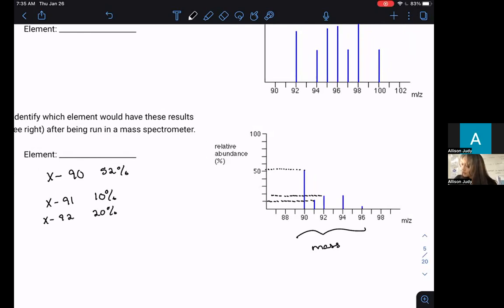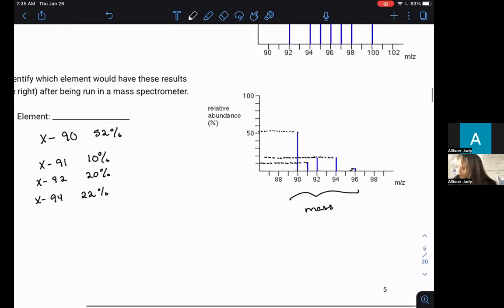And then, of course, finally, oh, actually not finally, you have a 94, a little bit higher. I would say maybe 22%. And then finally, you have a very small amount of 96 isotope mass at a relative abundance of about maybe 4%. Okay, I don't know if that's actually at 100. Let's see. These are just guesstimates, right?